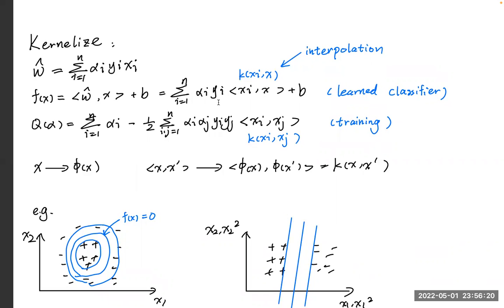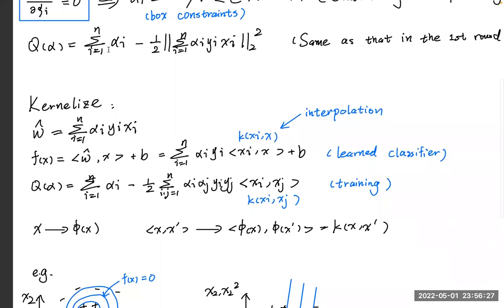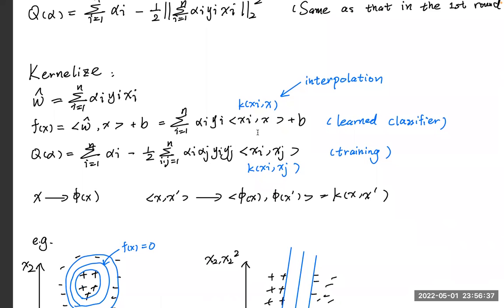In this form, the α_i are computed by maximizing Q(α). And the point is that, according to what we have explained, Q(α) can also be written in this inner product form. Although it's a little bit more complex: suppose you have 1,000 training examples. Here you need to add up 1,000 inner products, and also here you need to add up 1,000 times 1,000, 1 million inner products, because you have x_i x_j.